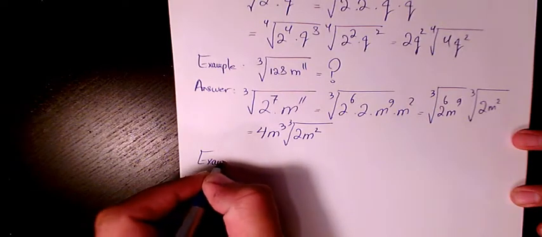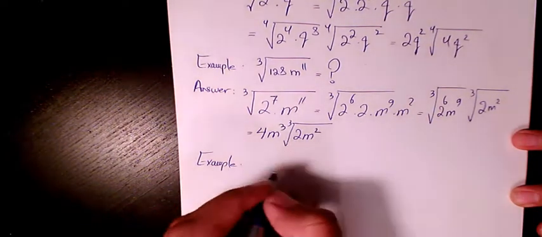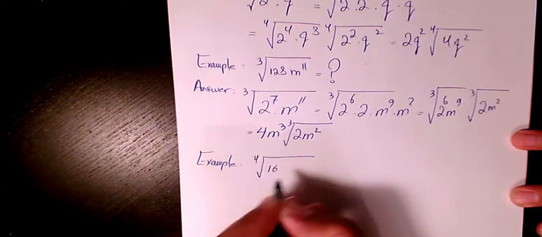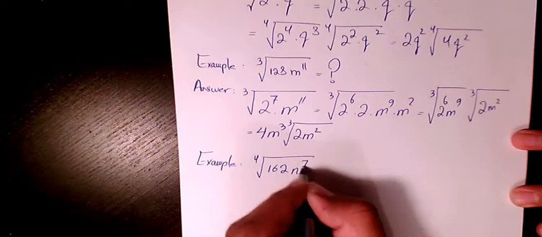Next example, we have the 4th root of 162 n to the power of 7.